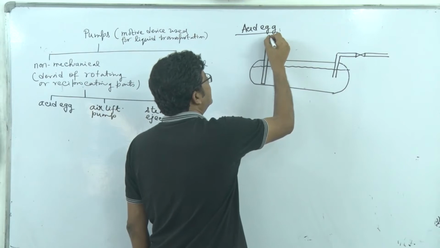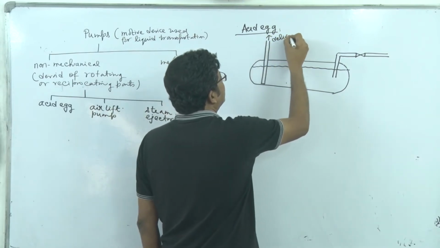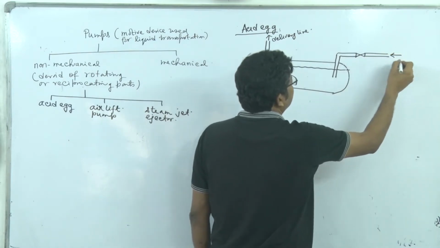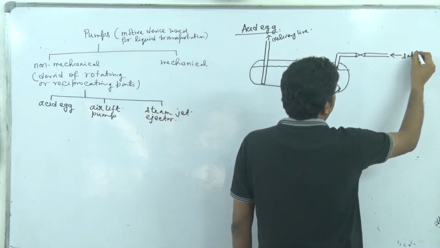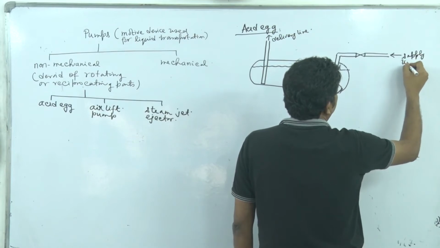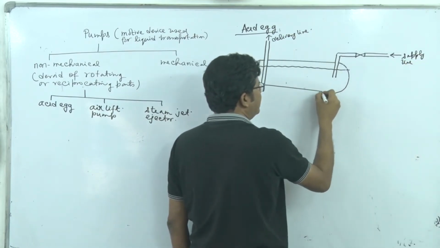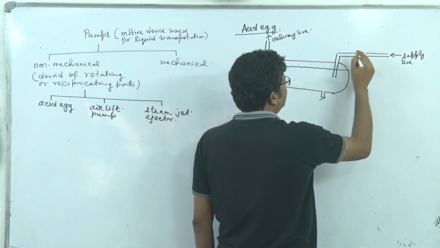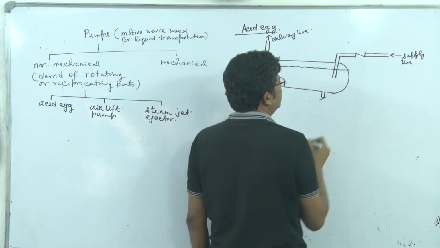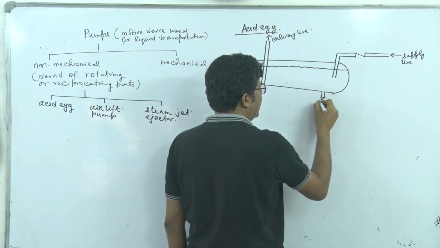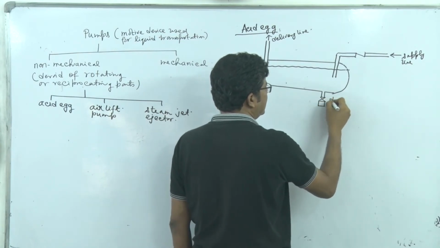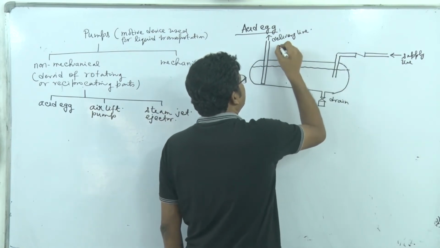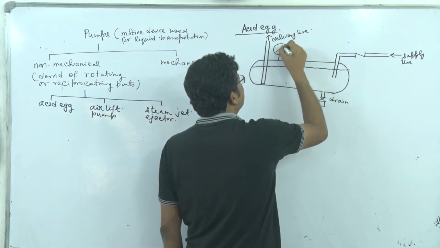So this is the delivery line. Here we have the supply line and the check valve. Definitely we will have a drain, and we have a pressure indicator.